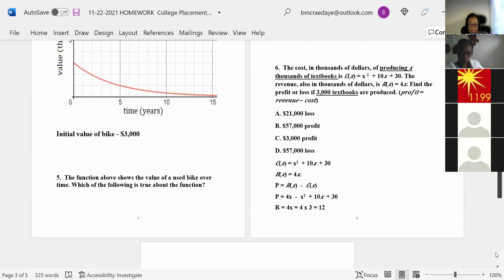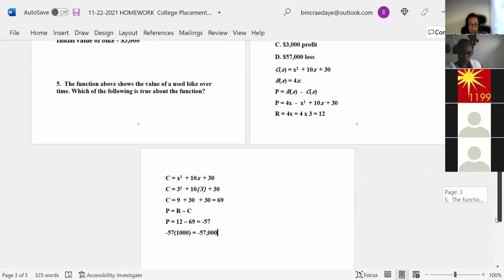But once we found our revenue was 12 and our cost was 69, we know we have a loss. And the loss is 57. So the 57,000 loss is answer D.